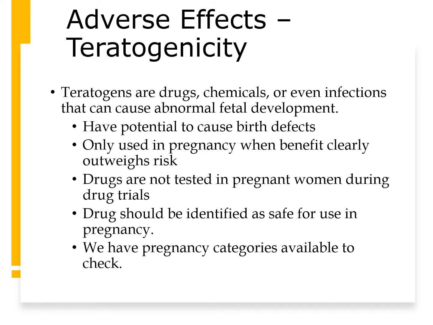So let me give you an example. And this is really most important in the first trimester of pregnancy. Because in the first trimester is when all the different organ systems are developing. The cardiac system, the nervous system, the kidneys, the gastrointestinal tract, the brain.